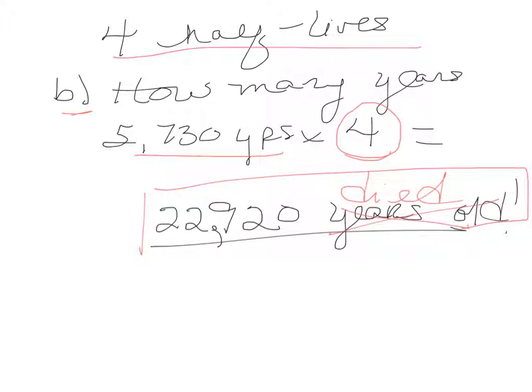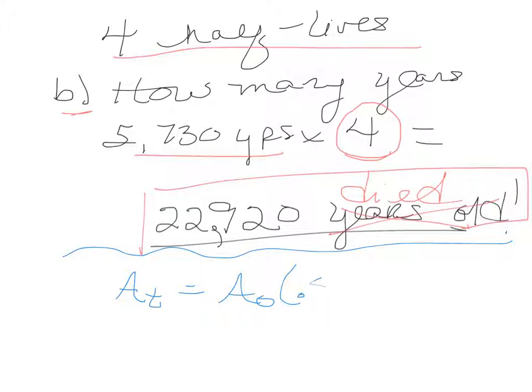Now let me show you doing the same problem using the equation, and you can do it whichever way you prefer. But the equation I showed you a few slides ago, where the amount left over at some point equals the original amount times 0.5 raised to total time divided by the time of one half-life. So let's go ahead and solve for this.